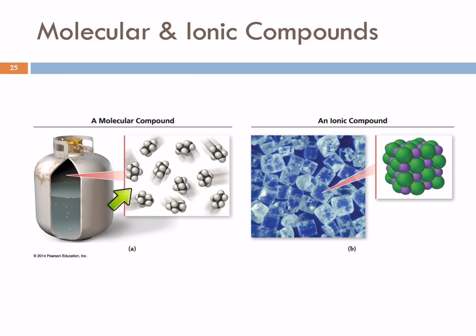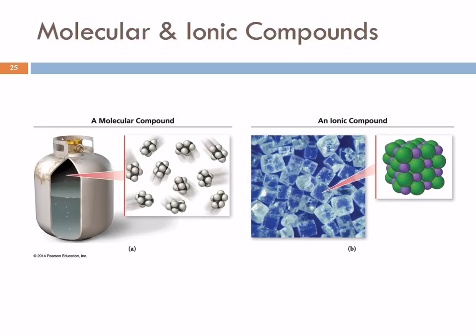In a molecular compound, you have discrete molecules. So this is propane. And in the gas state, we see there's a lot of space. Look, there's lots of space, right? And there's individual molecules. When you condense propane into a liquid, you still have those individual molecules, they stay intact.